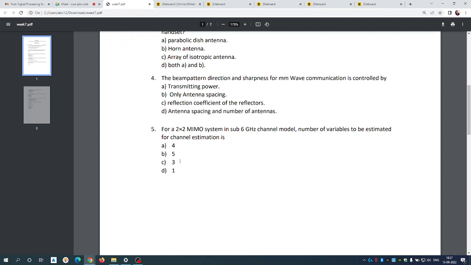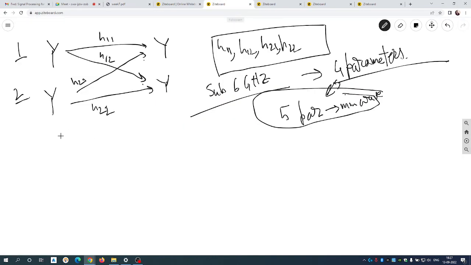So the correct option will be option A. There are only 4 parameters that I have to estimate for a 2 cross 2 MIMO system. So option A. This is question number 5.